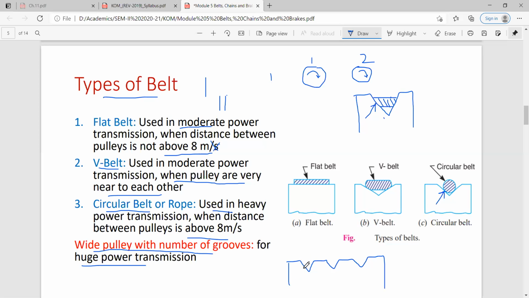So you can easily have three V belts or three ropes here, and they will be transmitting the power between the two shafts. So it is about the types of belt and their corresponding applications.